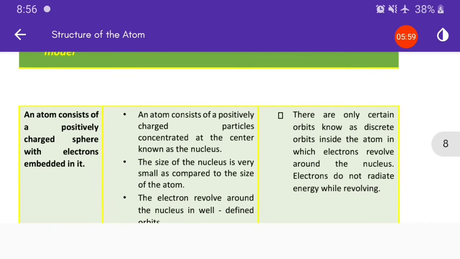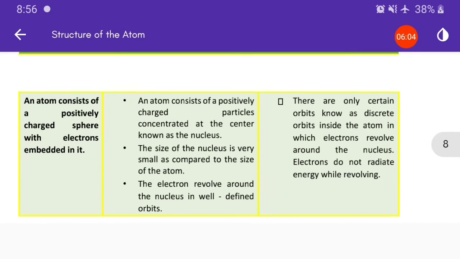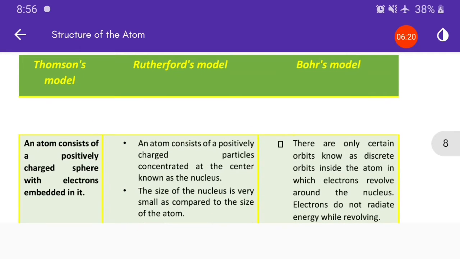Thomson's model explains an atom consists of a positively charged sphere with electrons embedded in it, the conclusion of the experiment performed by J.J. Thomson. Rutherford model explains an atom consists of positively charged particles concentrated at the center known as the nucleus.